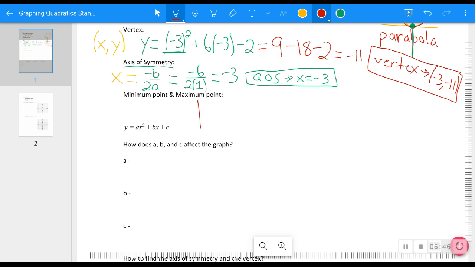Sometimes it'll be that U facing up if our A value out here is positive. That means it'll open up and it'll look like a U. So our vertex, as you guys can see, is our lowest point. So then our vertex, we can call our minimum.